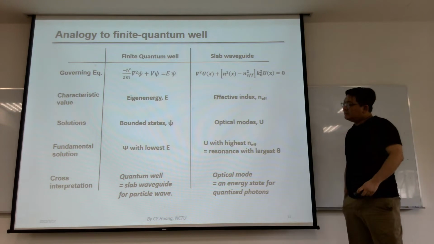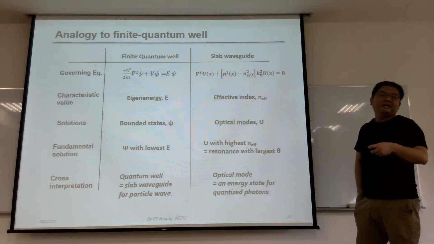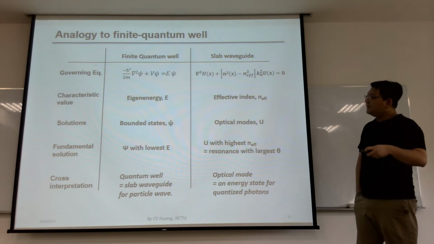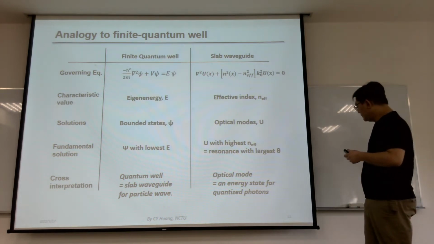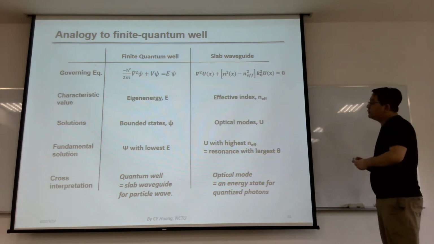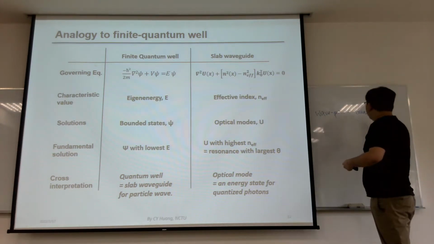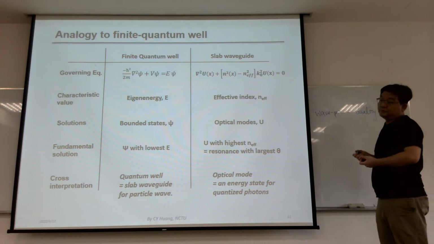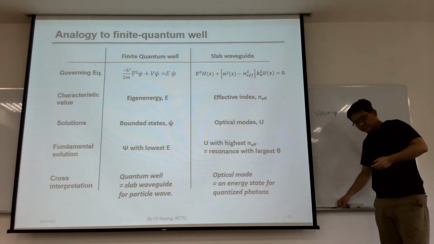It doesn't sound like the electron and the photon are now the same thing, but not really. We call it wave-particle duality. It's not only for the electron, but also for the photon as well. Alright.